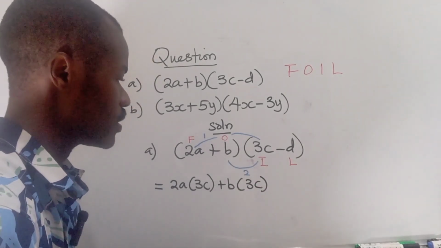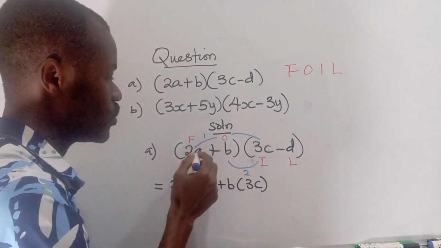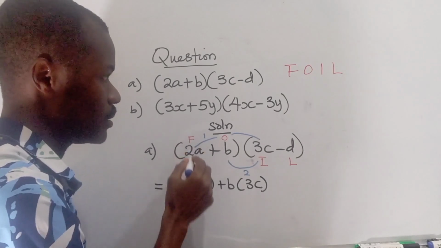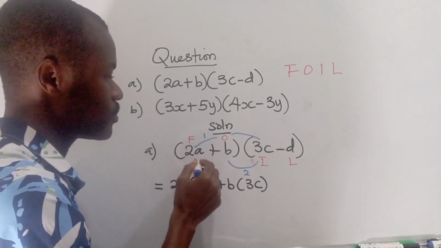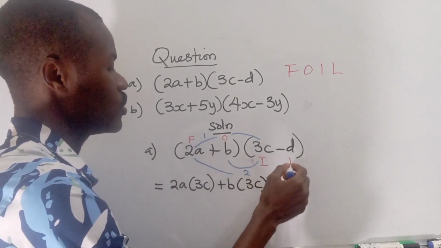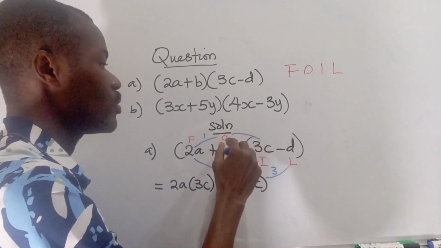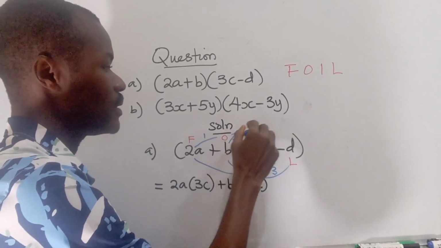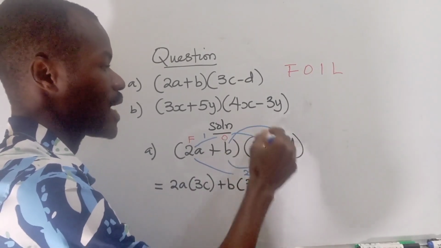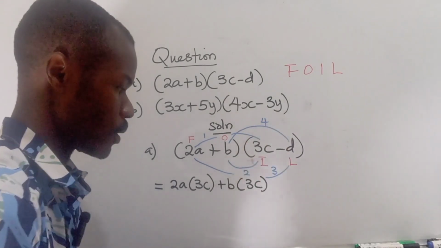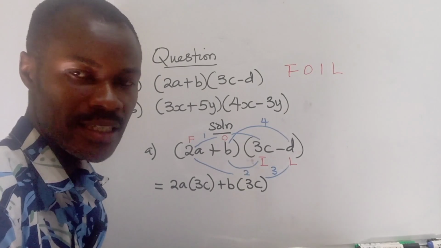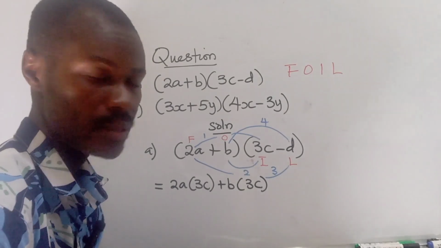So we have two more steps. Step 3 is going to start from the first term down to the last term, and step 4 is going to be from the outer term down to the last term. So let's apply step 3 and step 4.